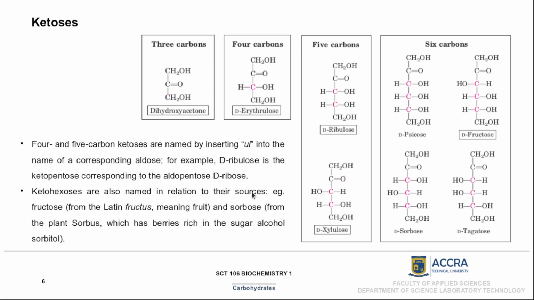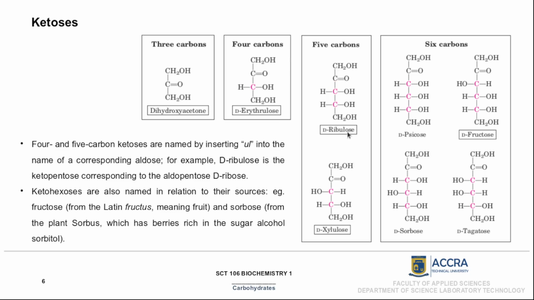Now, 4 and 5 carbon ketoses are named by inserting UL into the name of a corresponding aldose. So, for example, you have the 5 carbon monosaccharide aldose ribose.